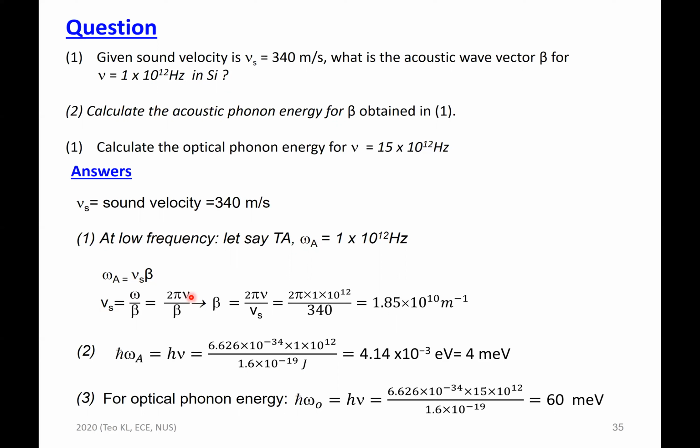Omega is 2 pi mu, which is the frequency, over beta. So you can rearrange the term. Beta will be equal to 2 pi mu over the velocity of the sound. So the frequency itself is 1 times 10 to the power of 12 divided by the sound velocity. That gives you 1.5 times 10 to the power of 10 per meter.